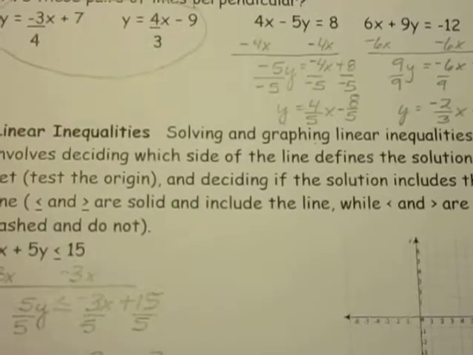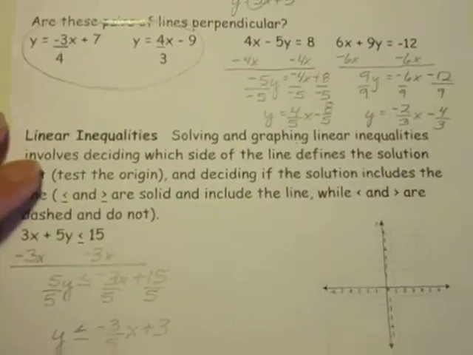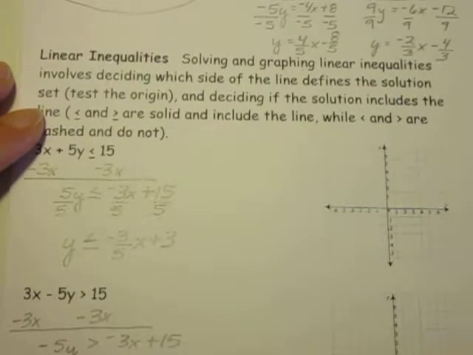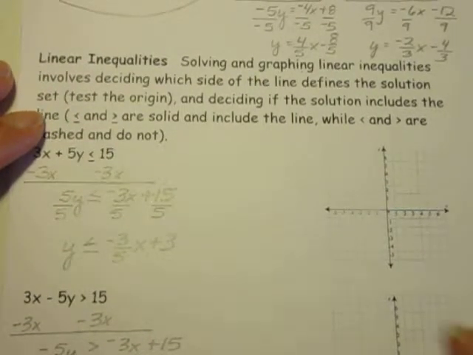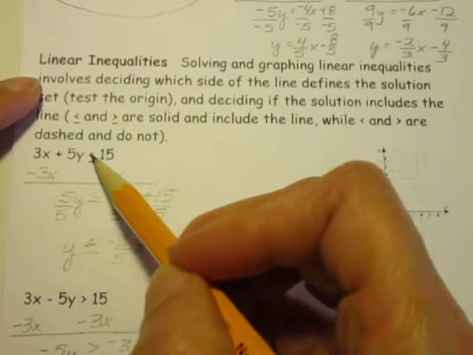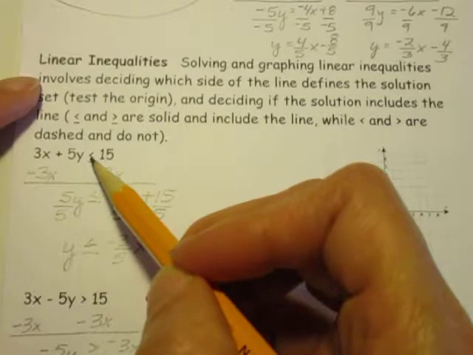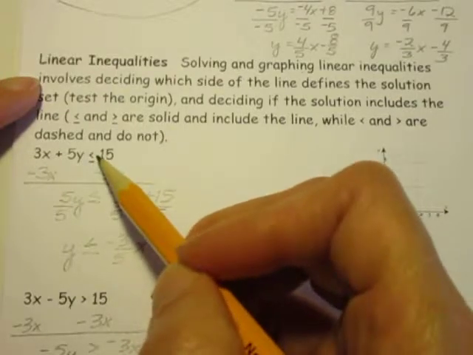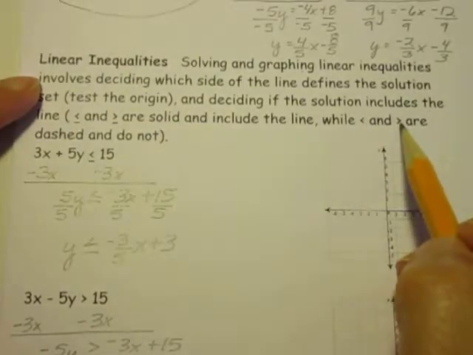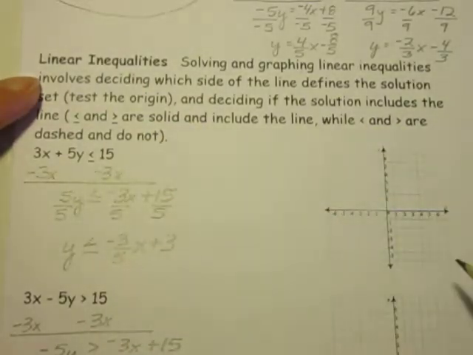Okay, and coming down here, I think my screen is just a little big. Okay, so coming down here, we're looking at what happens when we're graphing linear inequalities. And inequalities look very similar, except we have this greater than or less than, or greater than or equal to, or less than or equal to. That's going to change how the graph looks.